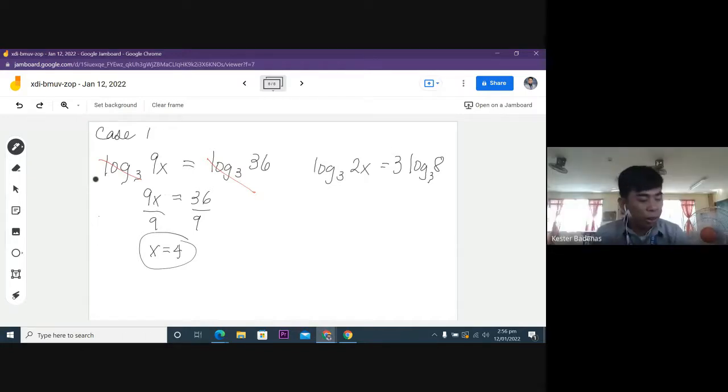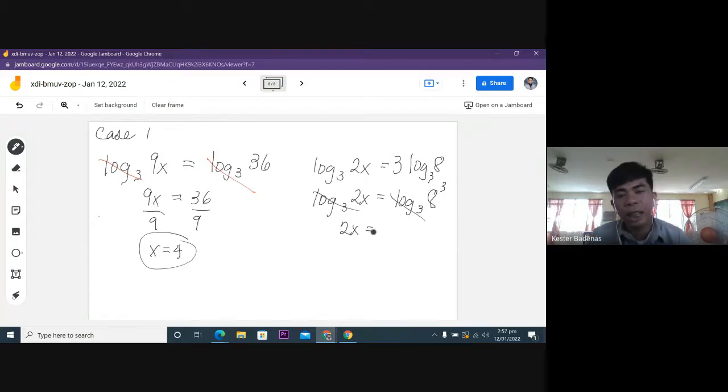Okay, very good. I-a-apply yung power rule. Iaangat natin. So, di ba? Magiging logarithm of 2x with the base 3 is equal to logarithm of 8 cubed with the base 3. So, yan na siya. Okay? So, cancel na. Ayun.